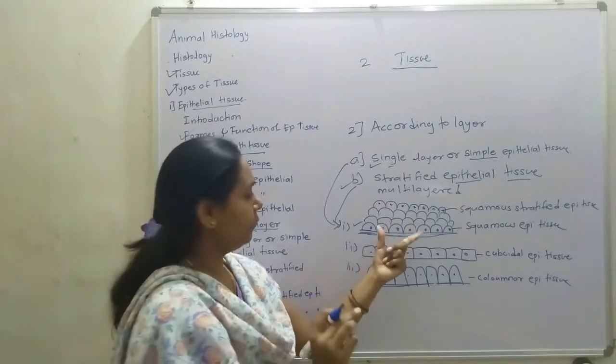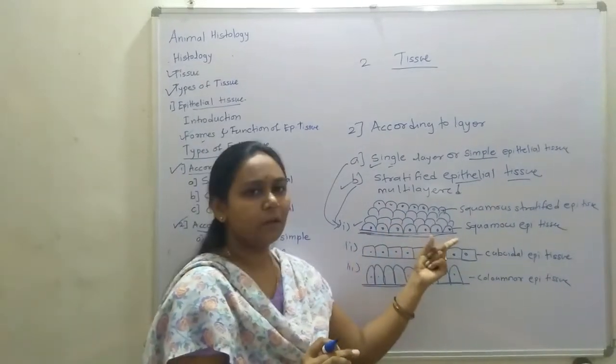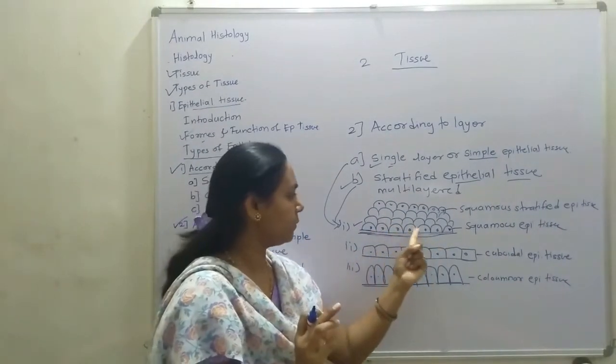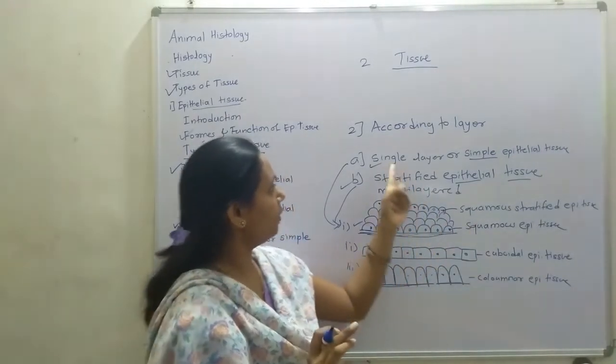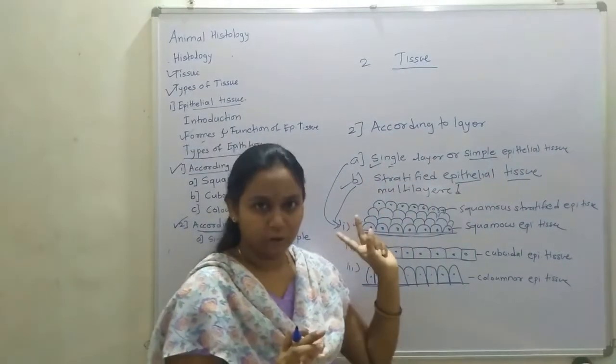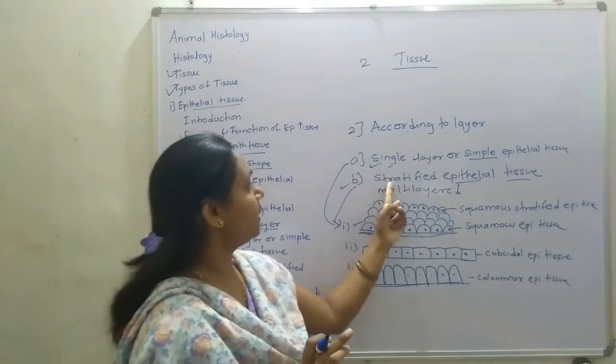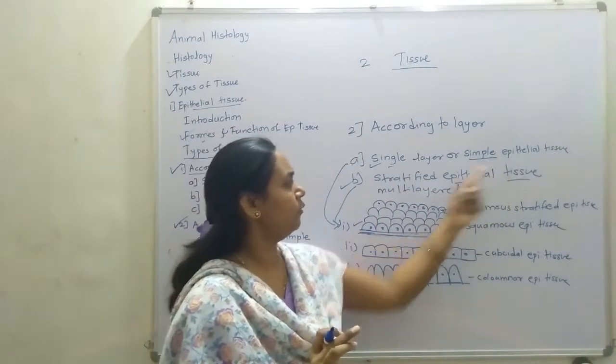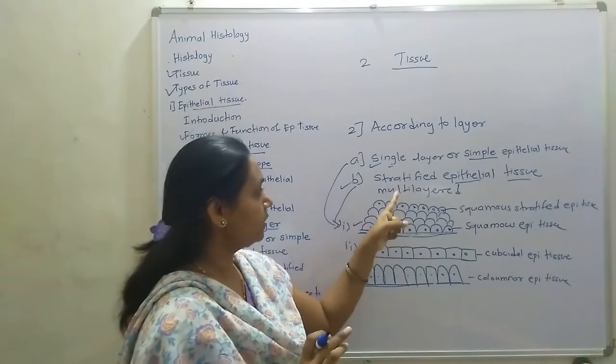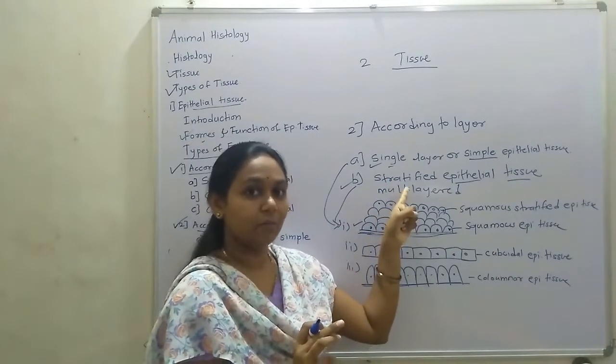Because on the basement membrane, a single layer of squamous epithelial cells is called single layered or simple epithelial tissue. But we are studying the stratified epithelial tissue. Stratified means multi-layered cells.